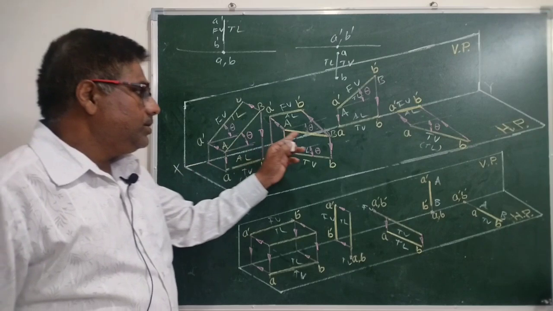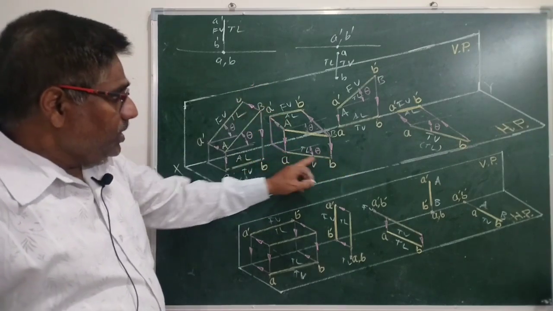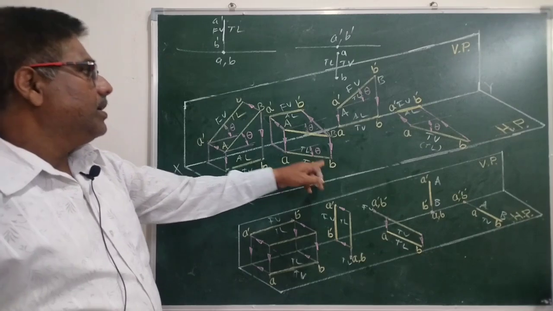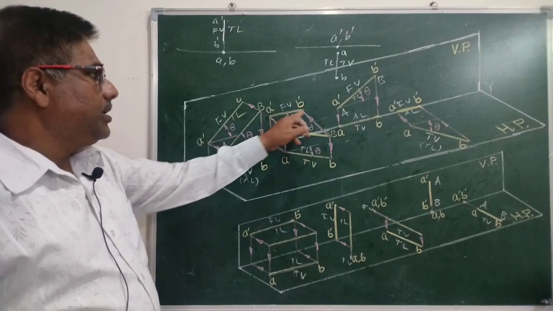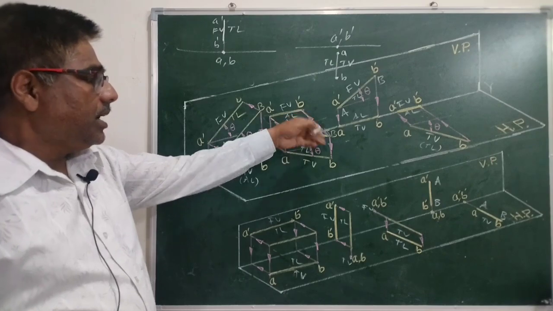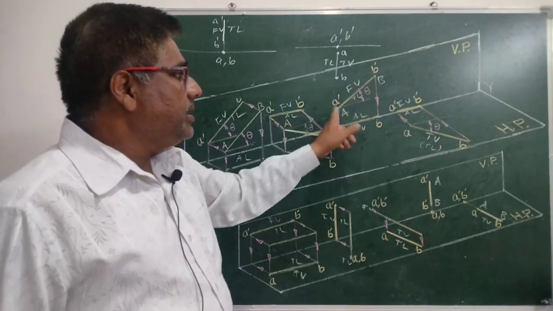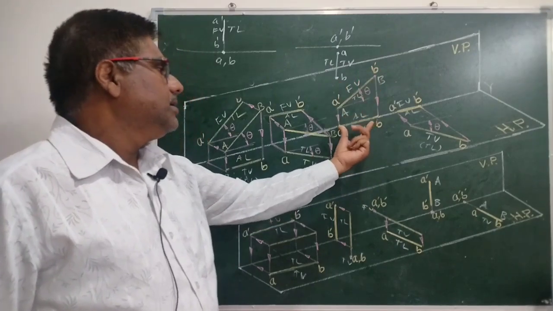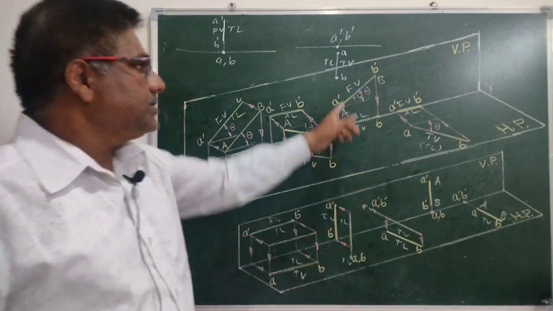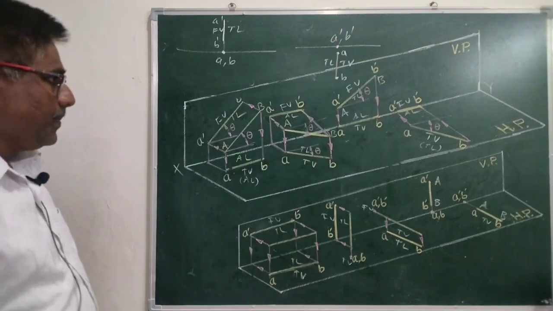If the line is parallel to HP and inclined to VP, we will get its true length and inclination in top view, and we get its apparent length in front view, and that apparent length will be parallel to XY. If the line is in VP and inclined to HP, its top view will fall on XY line, and the line itself will act as front view, and it will give true length with inclination.